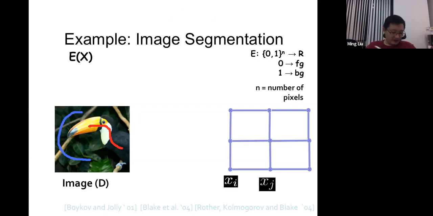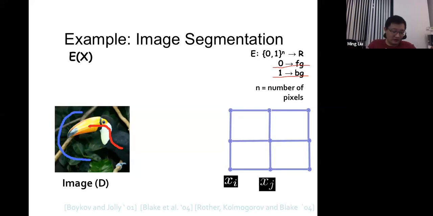So let's say you have this image on the left side, and this image is a bird in the background. What is the space we want to find? We want to define an energy function, the potential function, E of x, which maps to the two labels, 0 and 1. We define 0 as foreground, marked in red, and 1 means the background.